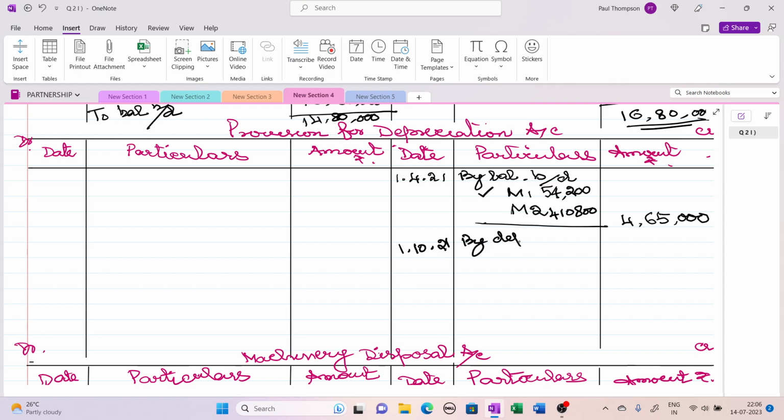Our journal is depreciation to provision for depreciation account, and this amount is 7,290. So now the total amount, 54,200 and 7,290, will be transferred to your machinery disposal account.